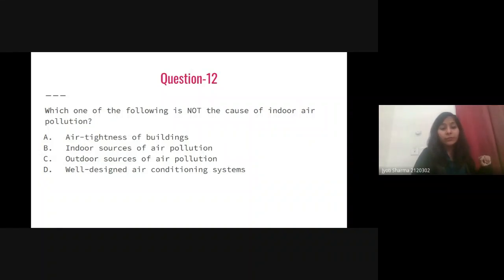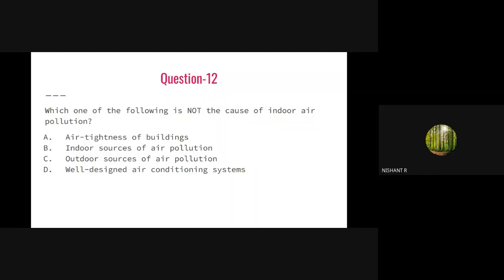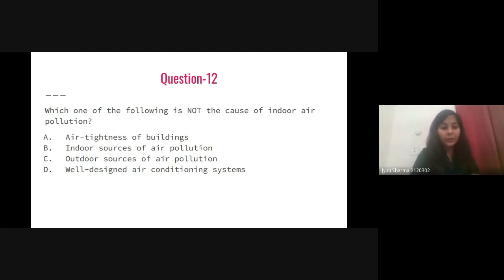Okay, so which one of the following is not the cause of indoor air pollution? Air tightness of building, indoor source of air pollution, outdoor source of air pollution, well designed air conditioning system. Yes, well designed. So we will talk about why air tightness of building can lead to indoor air pollution.